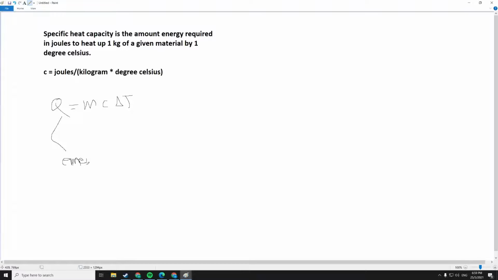We're going to call this the energy change of a substance, the change in heat energy after an object is heated. Here we have the mass. Here we have C, the specific heat capacity. So I'm just going to write that SHC. And finally we have the change in temperature. And what this helps us do is determine any one of these variables given the others, right?